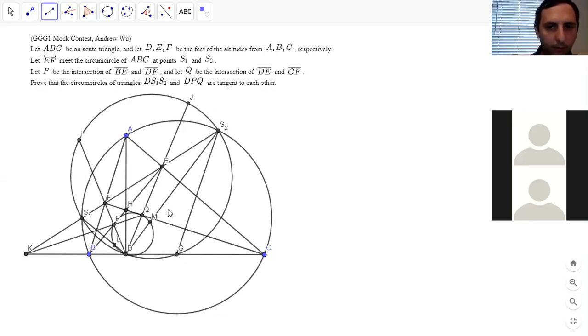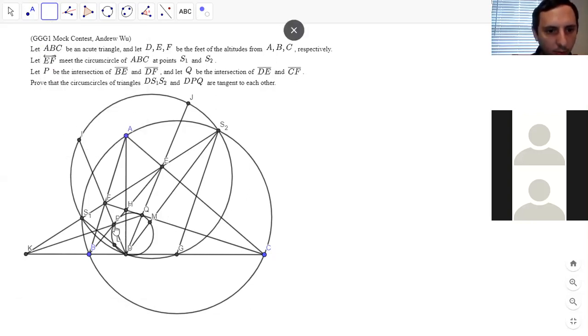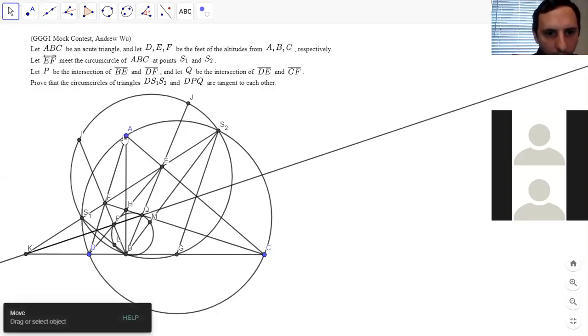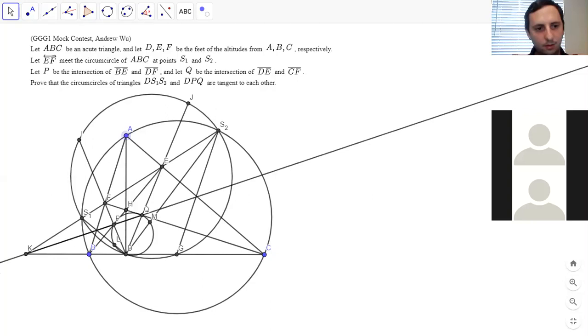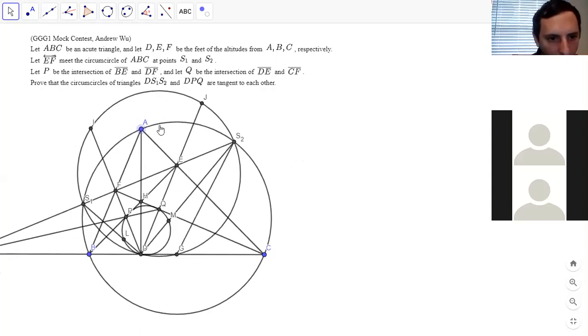Which two? Say it one more time. Sorry, PQ and PQ. Oh, AC. They are not concurrent. Okay. Yeah, it's very close though. It seems like true for left. No, it's not.